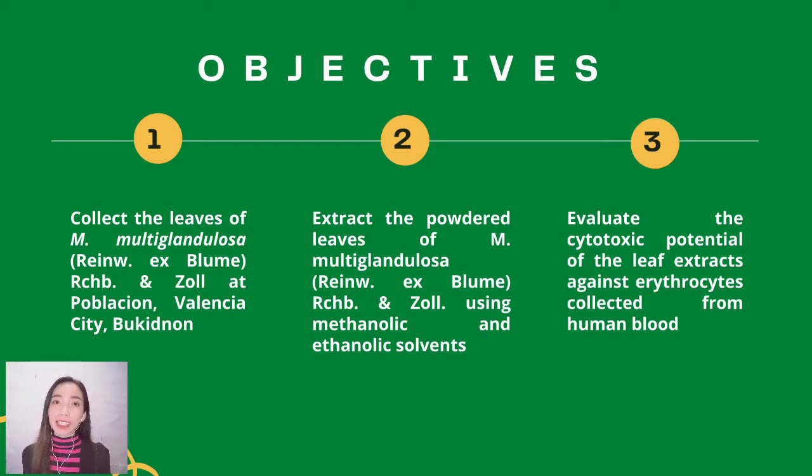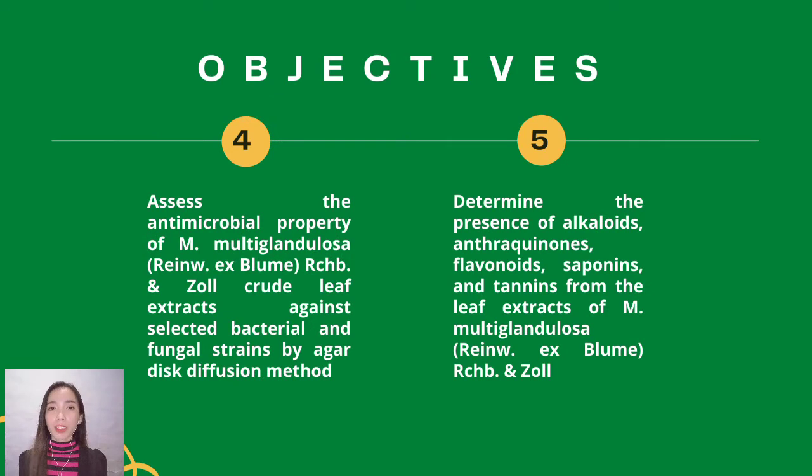Specifically, it aims to collect the leaves of Melanolepis multiglandulosa at Poblacion, Valencia City, Bukidnon, extract the powdered leaves using methanolic and ethanolic solvents, to evaluate the cytotoxic potential of the leaf extracts against erythrocytes collected from human blood, to assess the antimicrobial property of the crude leaf extracts against selected bacterial and fungal strains by agar disc diffusion method, and to determine the presence of alkaloids, anthraquinones, flavonoids, saponins, and tannins from the leaf extracts.